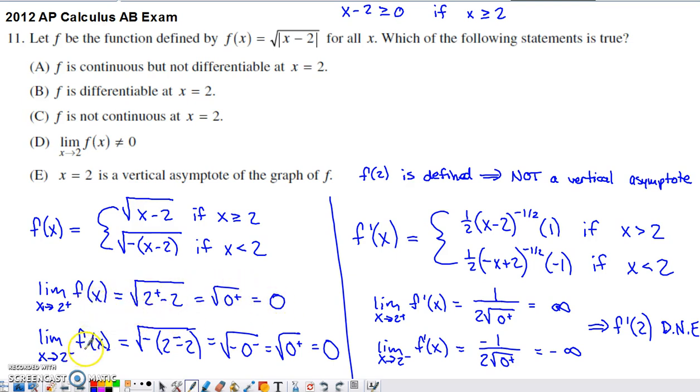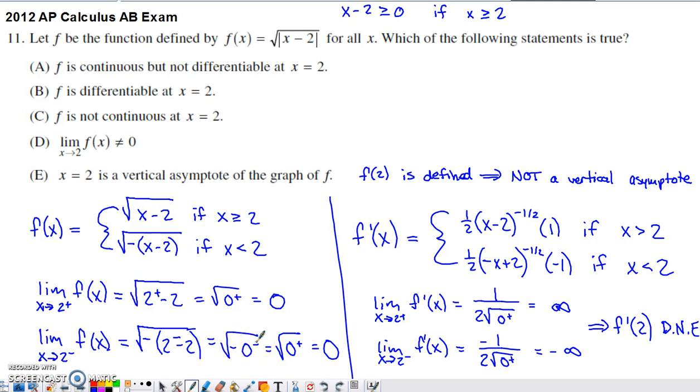On the smaller side of 2, little uglier to reason this out. So if I take a number a little bit smaller than 2 and I subtract 2 from it, so this is not 2 minus negative 2, this is a number slightly smaller than 2, denoted right here, so like 1.9 minus 2, that gets me close to 0, but it leaves me on the underside of 0.